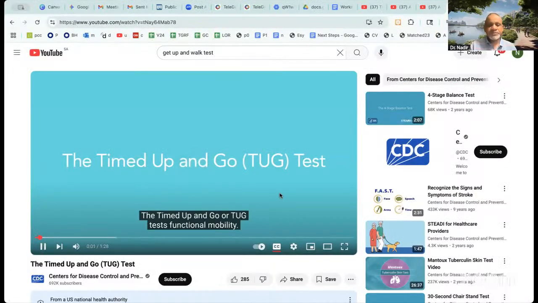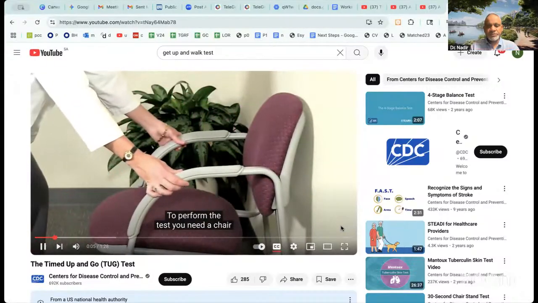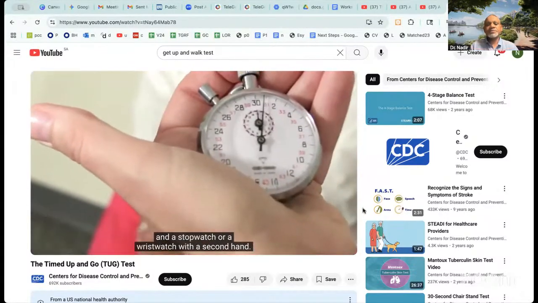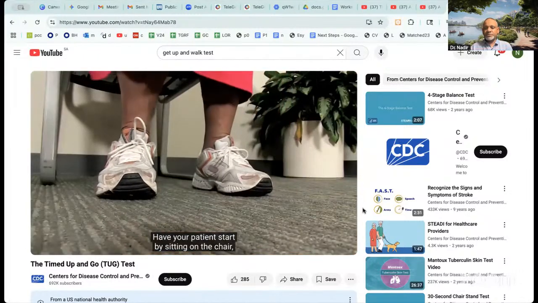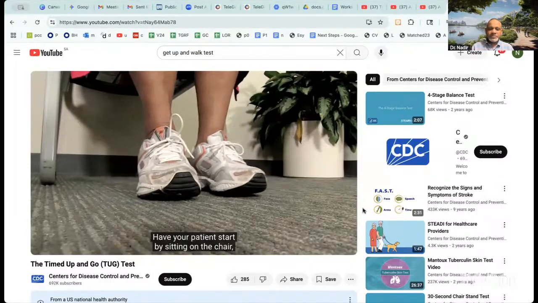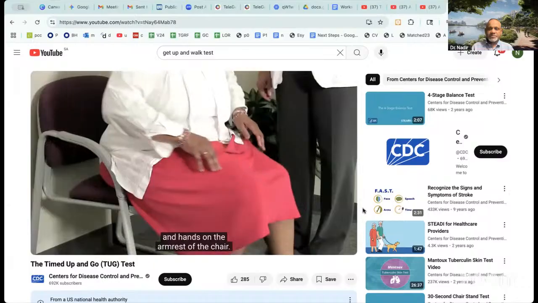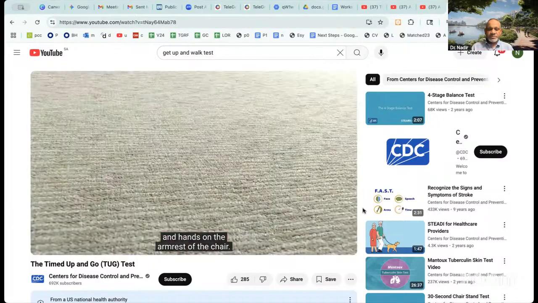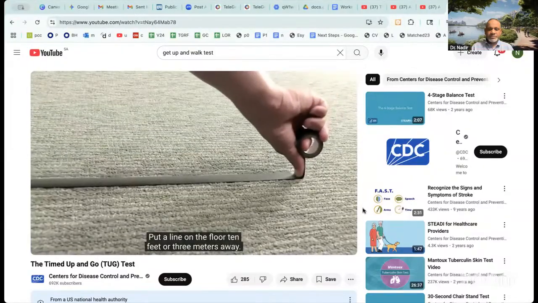Stand up and go, or TUG, tests functional mobility. To perform the test, you need a chair and a stopwatch, or a wristwatch with a second hand. Have your patient start by sitting on the chair, feet flat on the floor, one foot slightly in front of the other, and hands on armrests of the chair. Put a line on the floor 10 feet or 3 meters away.